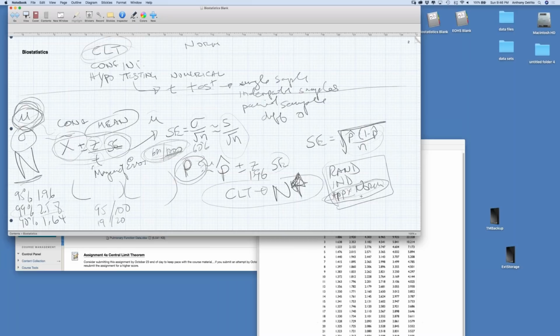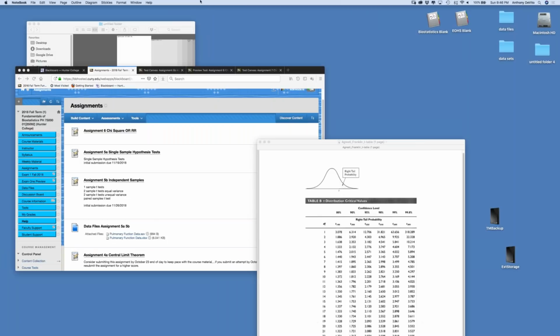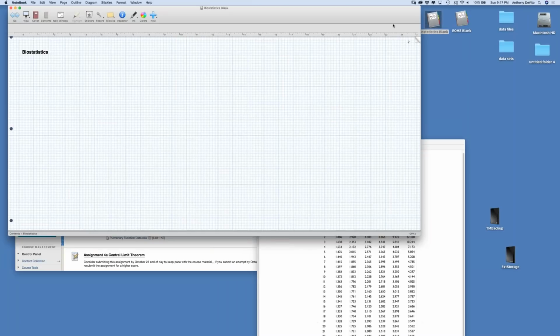Okay, so now before I go to specific problems, I also wanted to talk about this idea of hypothesis testing. Okay, let's talk about hypothesis testing. So in hypothesis testing, what we're doing is we're starting out with an assumption that we want to reject in order to prove a different assumption.